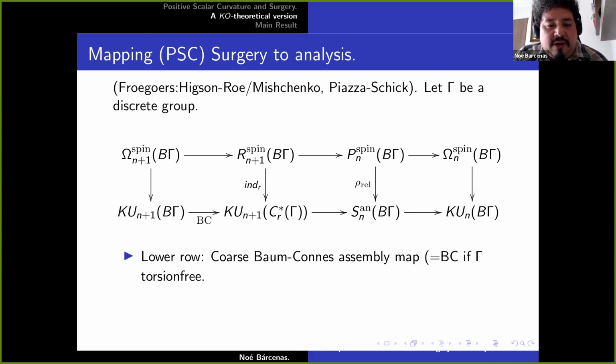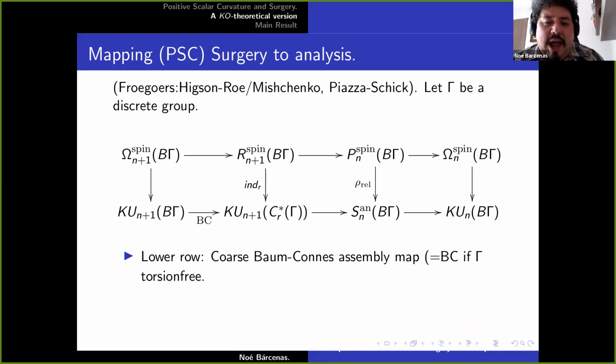The lower row is the map given by the coarse Baum-Connes assembly map. On the left-hand side you have KU, a notation for the topological complex K homology of the classifying space. On the right-hand side you have the K theory of the complex C-star algebra associated to the discrete group gamma.